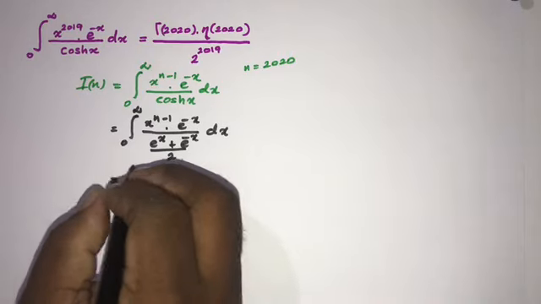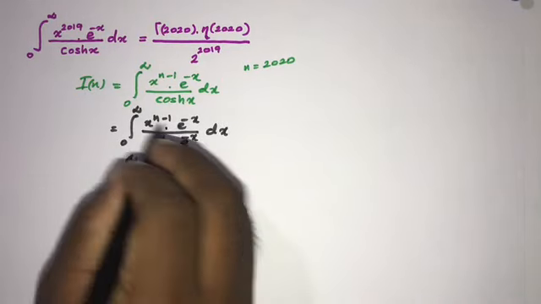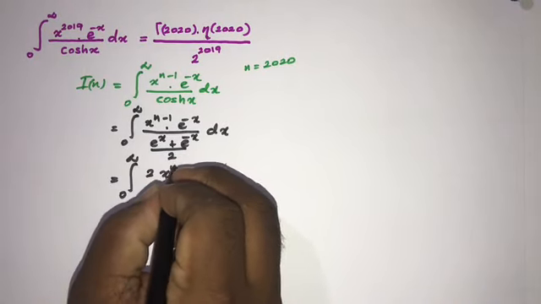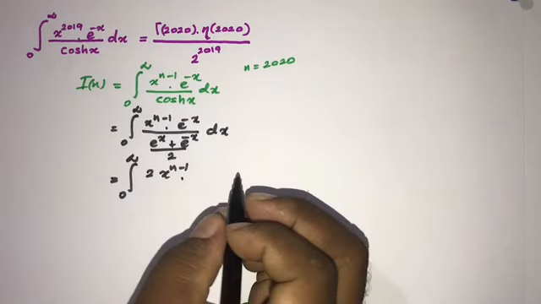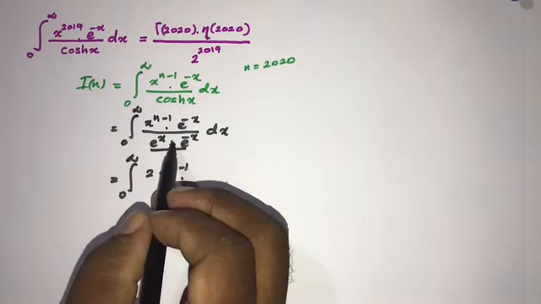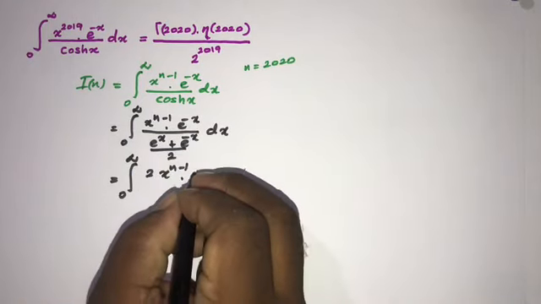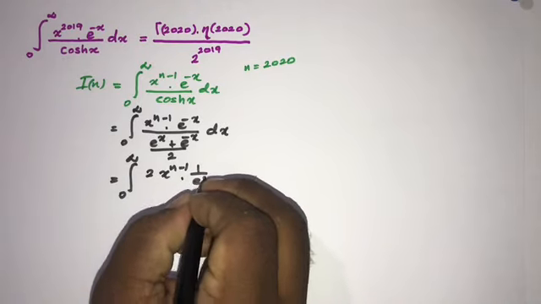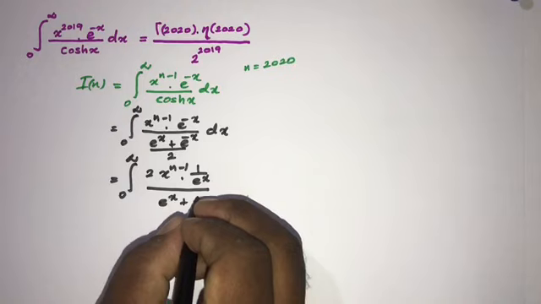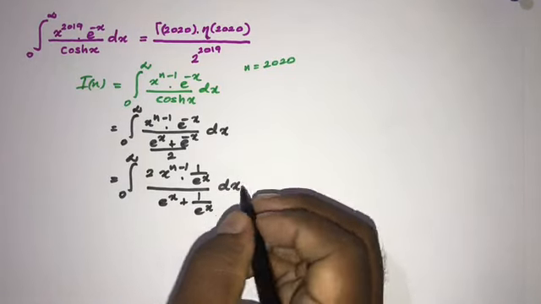Then we can simplify: the 2 goes to the numerator, so 2 times x to the n minus 1, over e to the x plus e to the minus x. Now e to the minus x is equal to 1 over e to the x, so we have e to the x plus 1 over e to the x, dx.